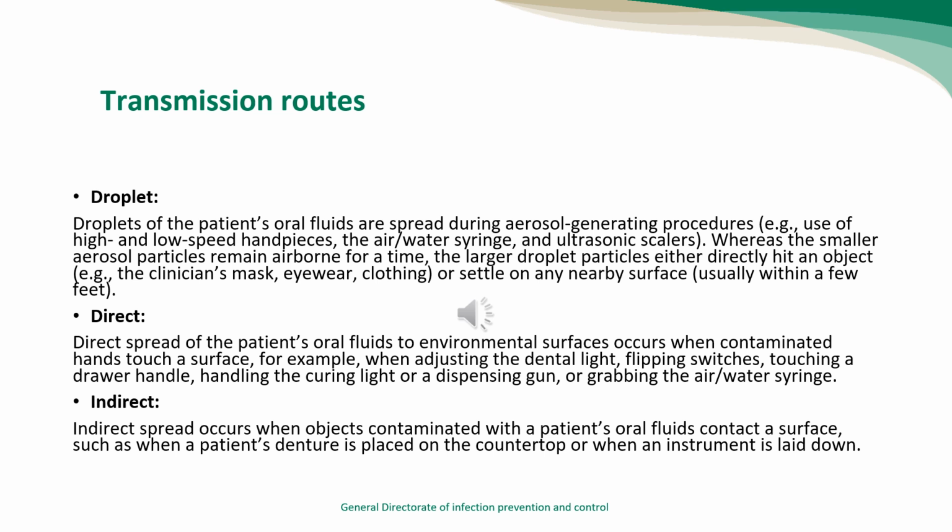The third route is indirect, and this occurs when objects contaminated with the patient's oral fluid contact surfaces, such as when a patient's denture is placed on the countertop or when an instrument is laid down.